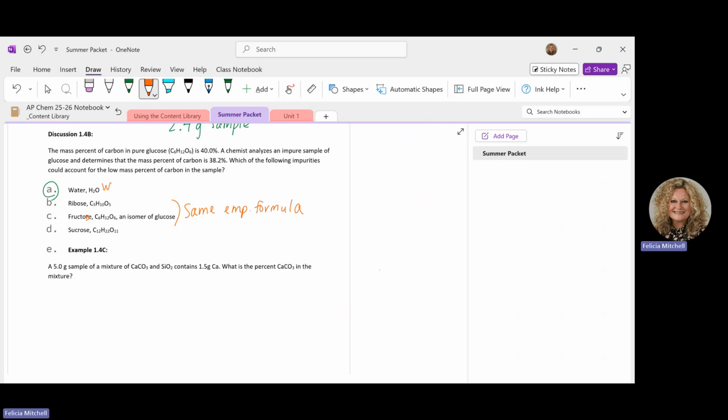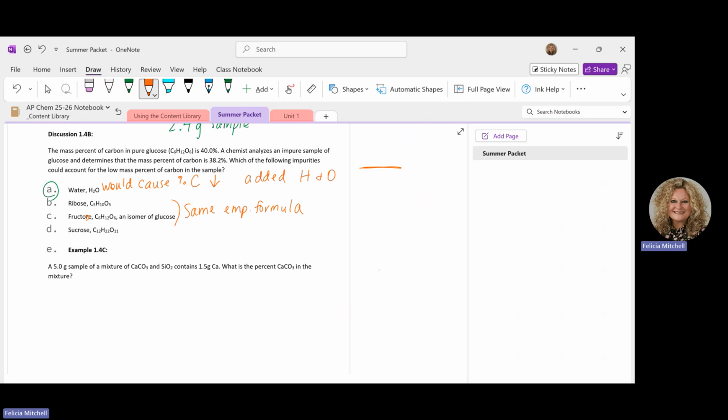Water, though, would cause the percent of carbon to decrease because you added H and O. Think about that. If you add H and O, think about how your fraction would be.